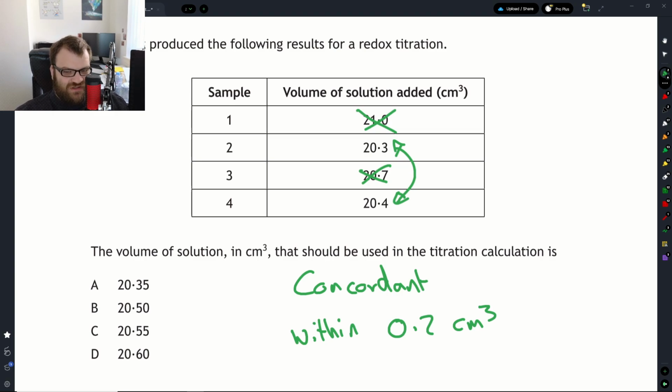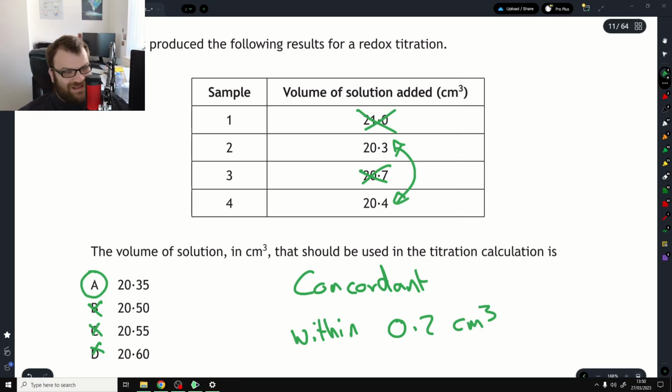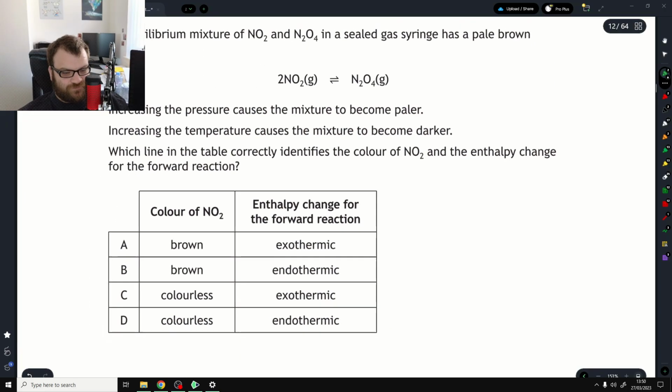Your average is going to sit in between two values. That's going to give us an answer of A, 20.35. Your other option is to add them together in your calculator and then divide by 2 to get your average of 20.5.